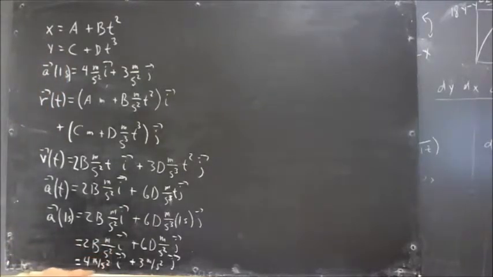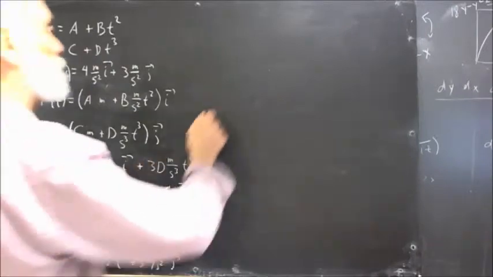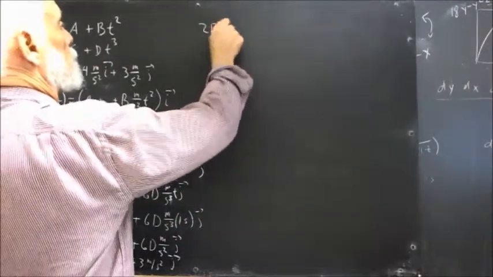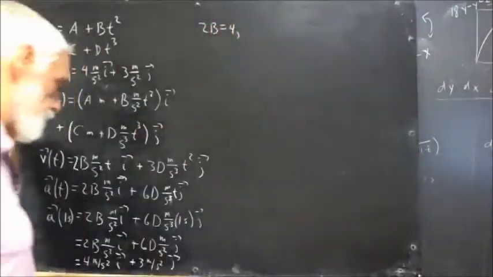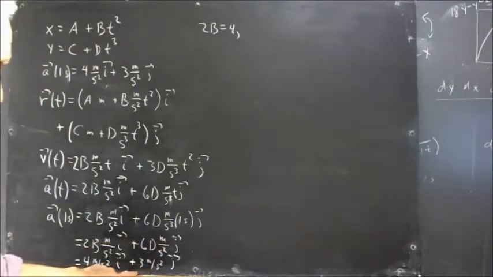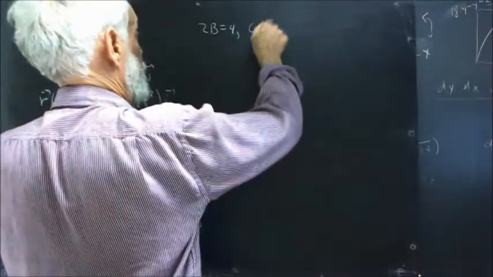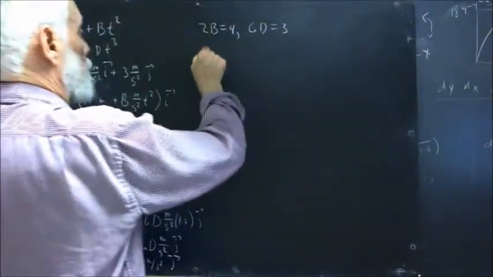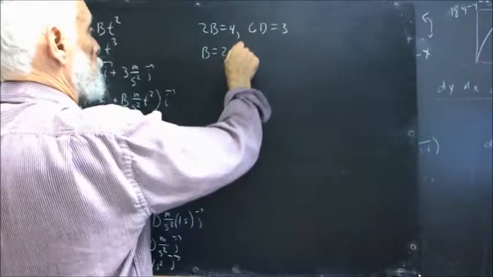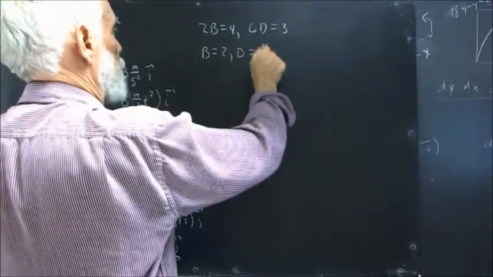The 2b meters per second squared has to equal 4 meters per second squared, so 2b has to equal 4. And the 6d meters per second squared has to equal 3 meters per second squared, so 6d has to equal 3. b equals 2, d equals 1/2.